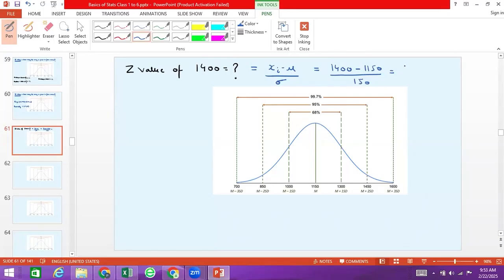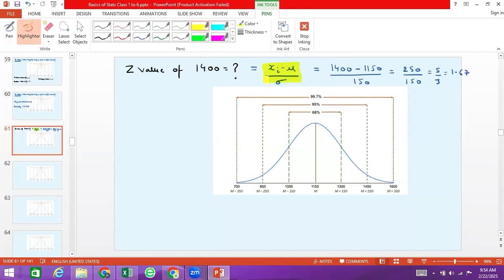So 1400 minus 1150 is, I believe, 250, divided by 150, it will be 5 by 3, which is 1.67 approximately.